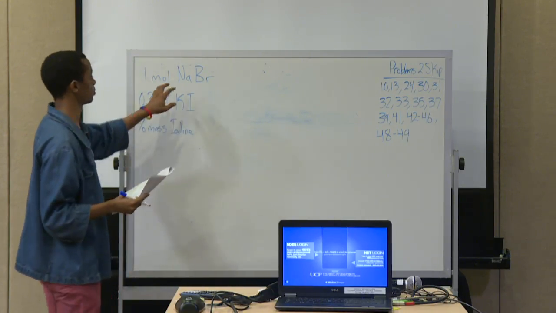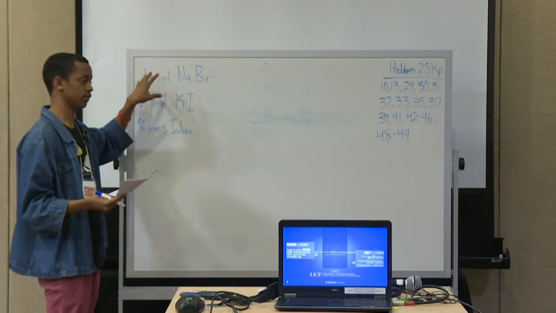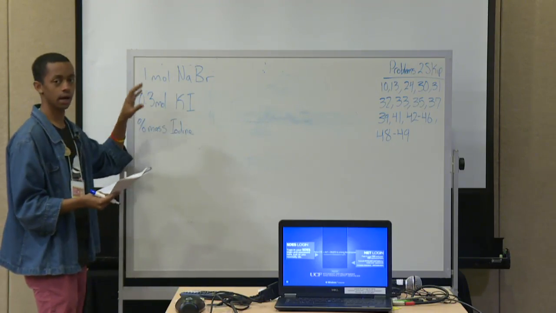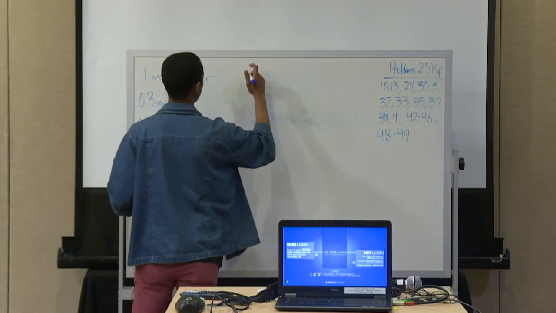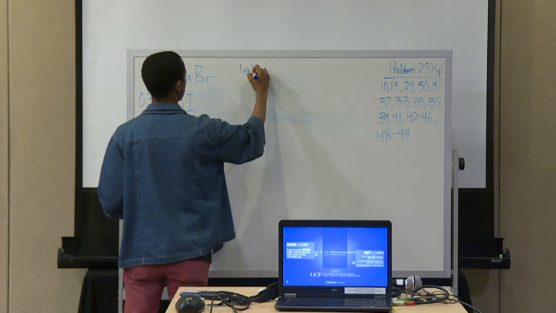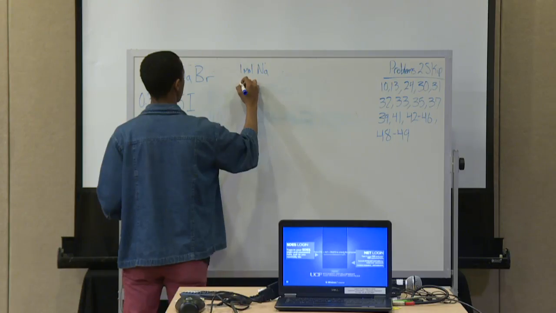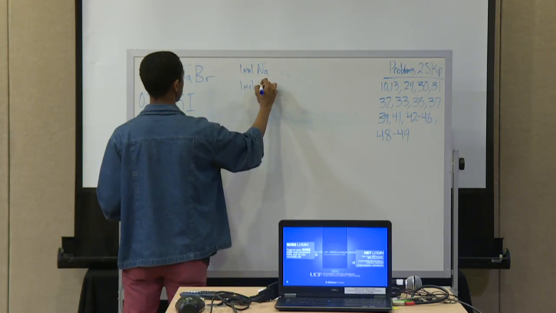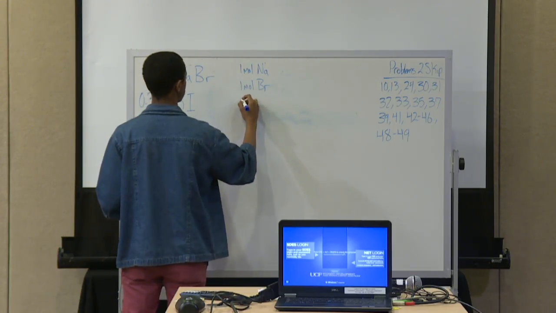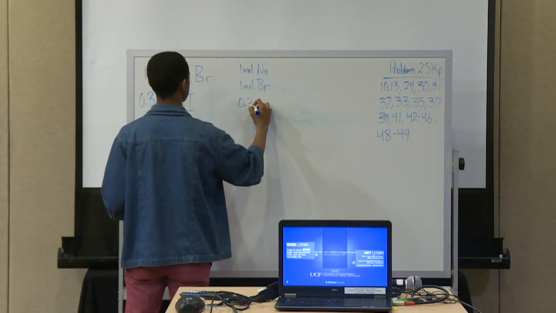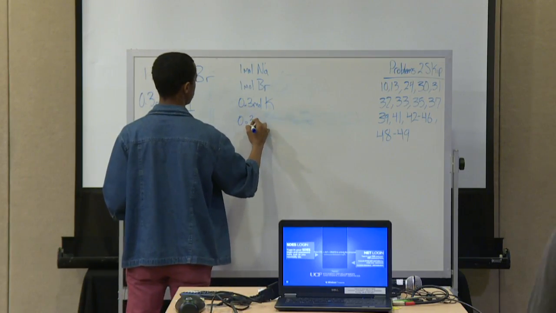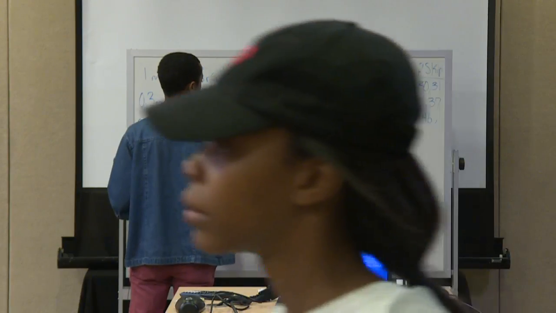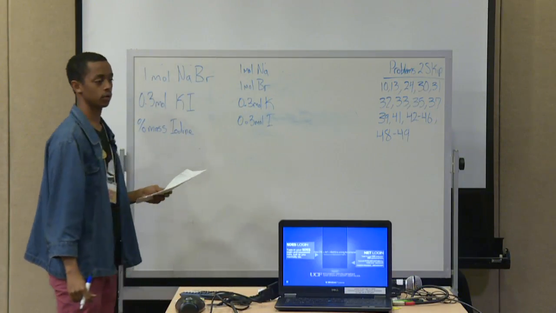Well, you're obviously going to want to break everything into however many moles of everything you have and however many grams of everything you have. So I know here I've got 1 mole of sodium and 1 mole of Br, 0.3 moles of potassium, and 0.3 moles of iodine. Cool?